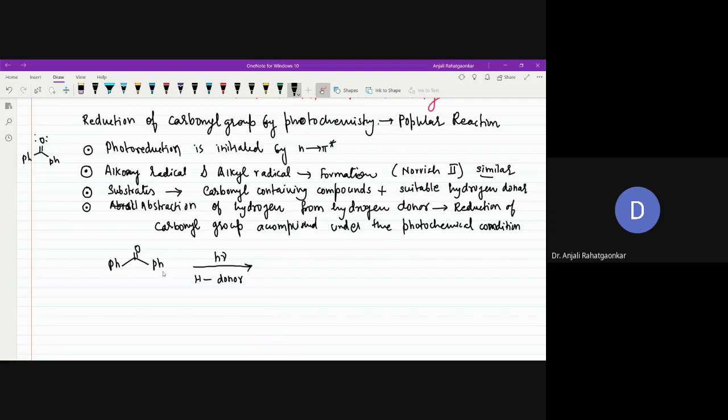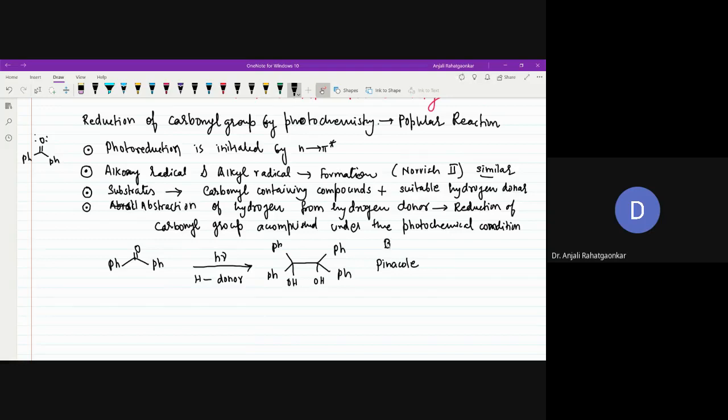So this is benzophenone, which undergoes photochemical changes, and in the presence of a proton donor, the reaction will give you this type of product, and this is called a pinacol.